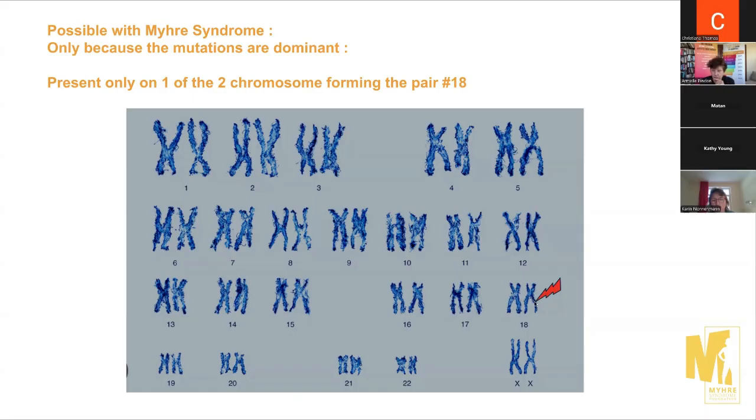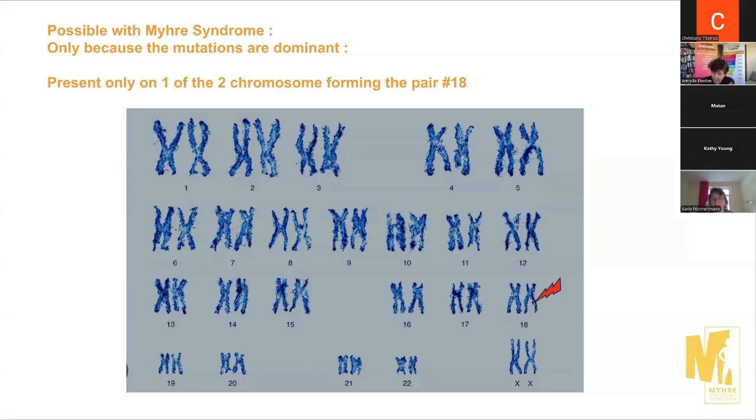So the idea is that we trigger with CRISPR-Cas a break exactly at the site of the mutation, in the one of the two chromosomes that has the mutation.